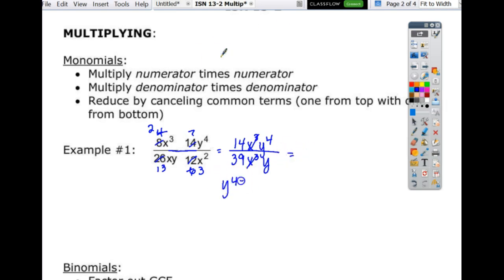So I have 4 minus 1 gives me y to the third. So where does that go? Top. So that's what I get for an answer. Right? So the reason it was easy peasy is because we wrote it all out and we weren't lazy and skipped stuff. If you start skipping stuff, then it gets harder.